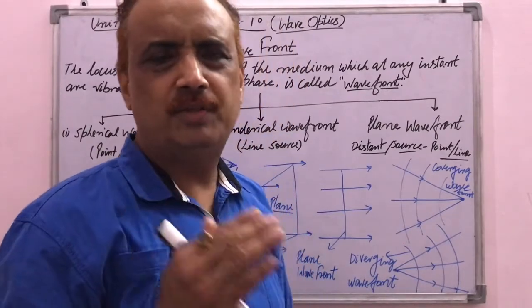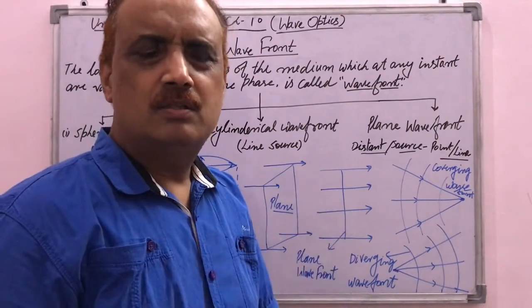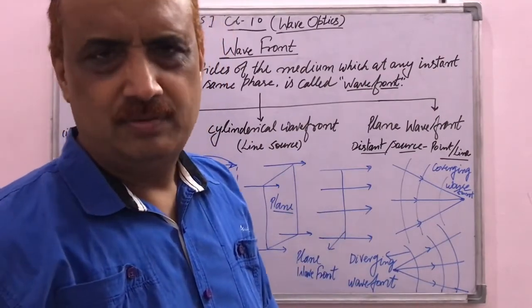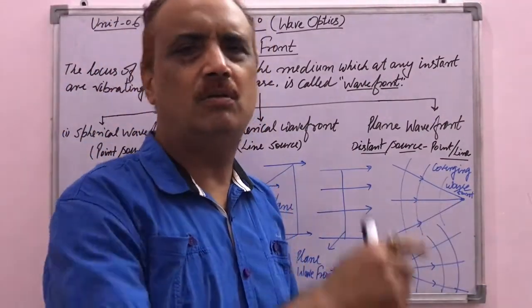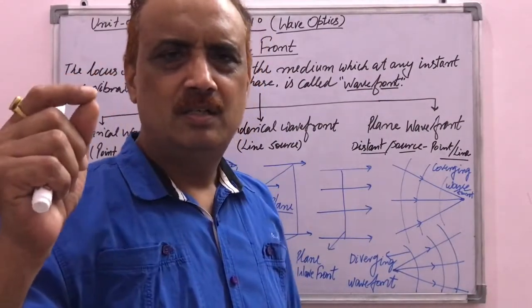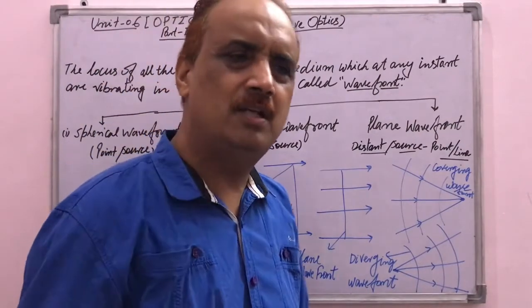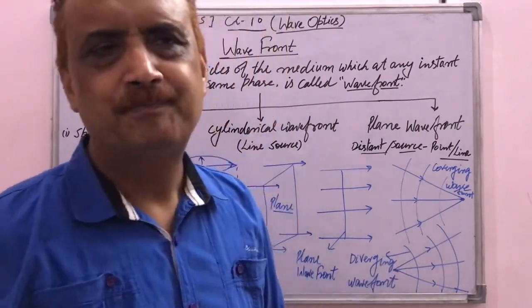Now according to wave theory, all the sources of light send out the disturbance in all the possible directions. When disturbances are produced in all the possible directions, then particles of the medium are vibrating.